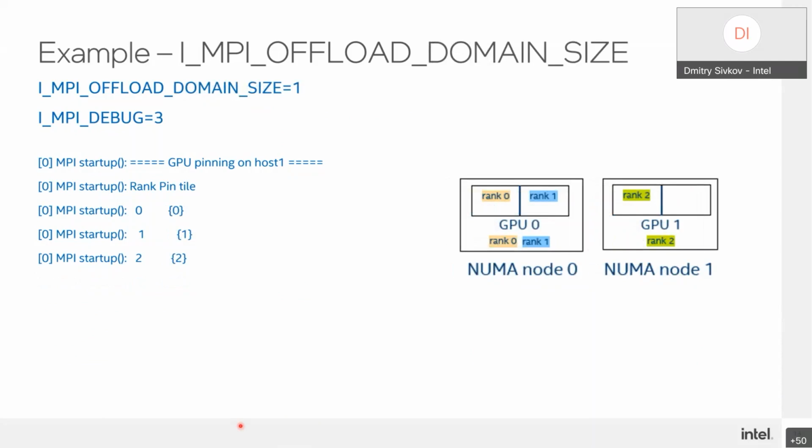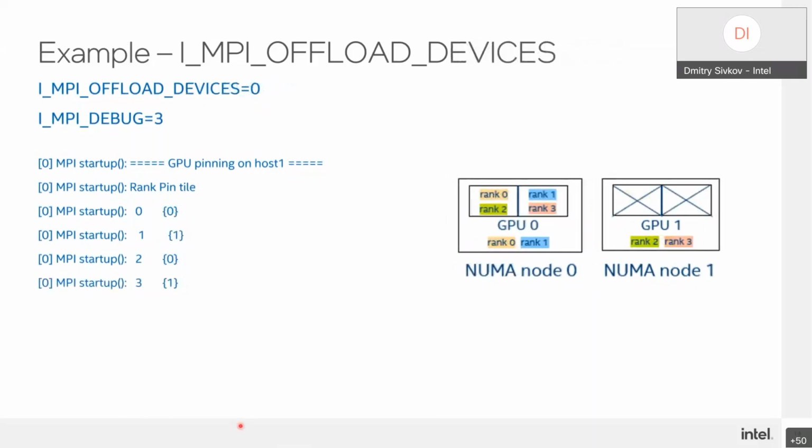And you can change the domain size for this. If you have only 1 rank on NUMA node 1, you will use only half of GPU 1 with that domain size. And if you want to use only a specific GPU, you can specify the GPU number for the Intel MPI library.